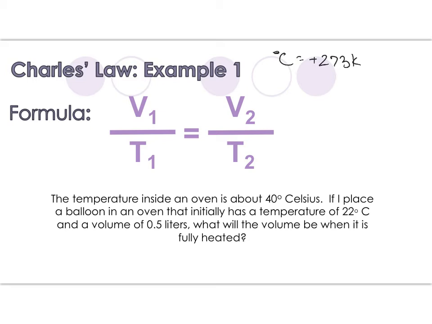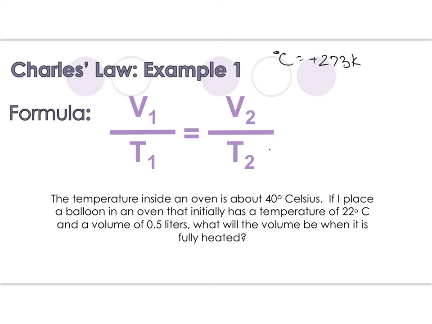We know that the temperature inside the oven is 70 degrees Celsius. To change 70 degrees Celsius to Kelvin, all we need to do is add 70 plus 273, which gives us a temperature of 343.